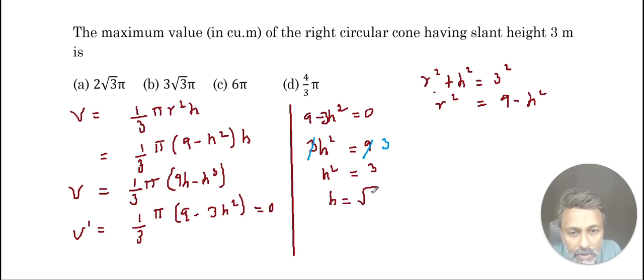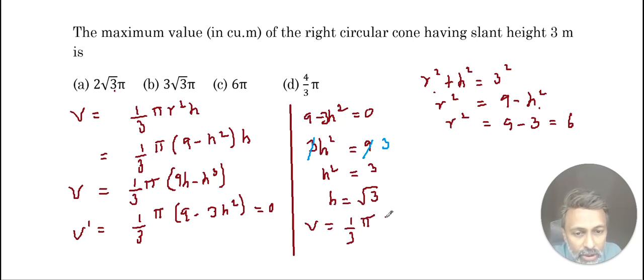And in the options, we are seeing root 3's presence at two places. Let's continue. We will not take the second derivative. We will substitute h square as 3 here. So we get r square is equal to 9 minus 3 is equal to 6. Let's try to obtain the volume now. Volume is 1 upon 3 pi r square h.